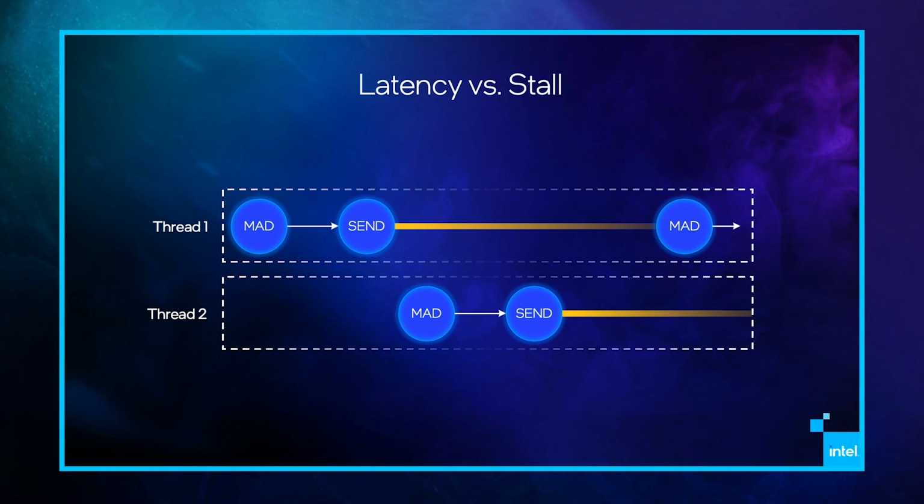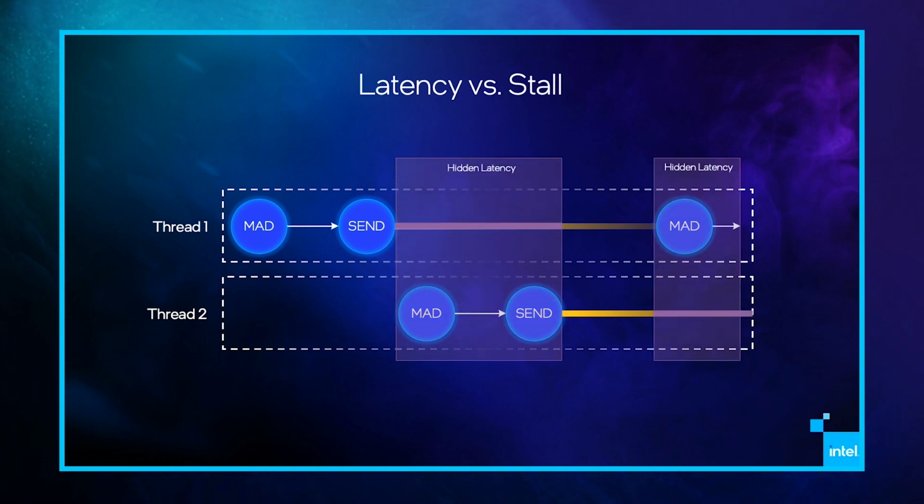In this particular example, there are 2 regions where the EU was able to hide data access latency by switching between threads. It switched to thread 2 to hide latency in thread 1 and was able to hide some latency in thread 2 when thread 1 was unblocked. However, there is a region of time when execution in both hardware threads is blocked, and there were no loaded threads to hide it. This is called EU stall. This should be minimized as much as possible.